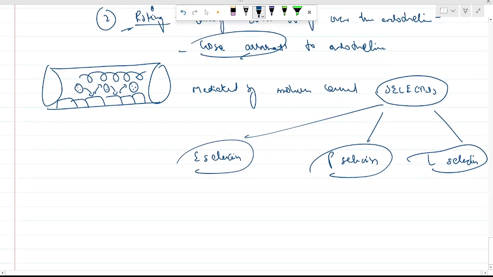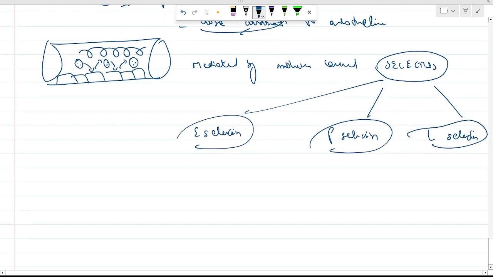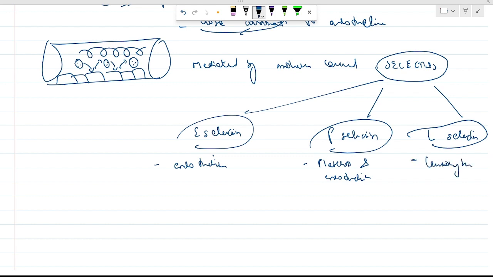EPL, English Premier League. E stands for endothelium, it is on the endothelium. P-selectin is for platelets and also for endothelium. L-selectin is for leukocytes. Remember this, E and P will be used very much afterwards.